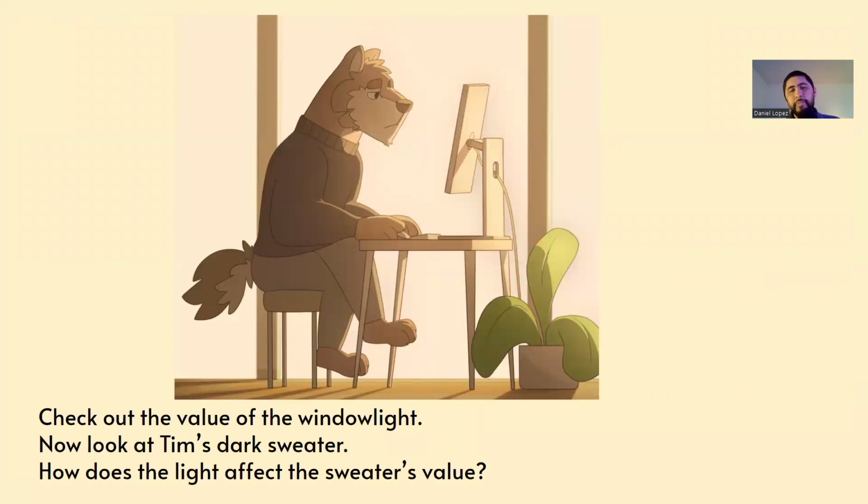This is an interesting one because Tim the Wolf is wearing what we can see as a dark gray sweater, right? So that has a very dark value. But the window light coming in creates this bloom effect of light shining on it, and you can see on the edges here it has a light value. So there's a really interesting mix of light and dark values here.